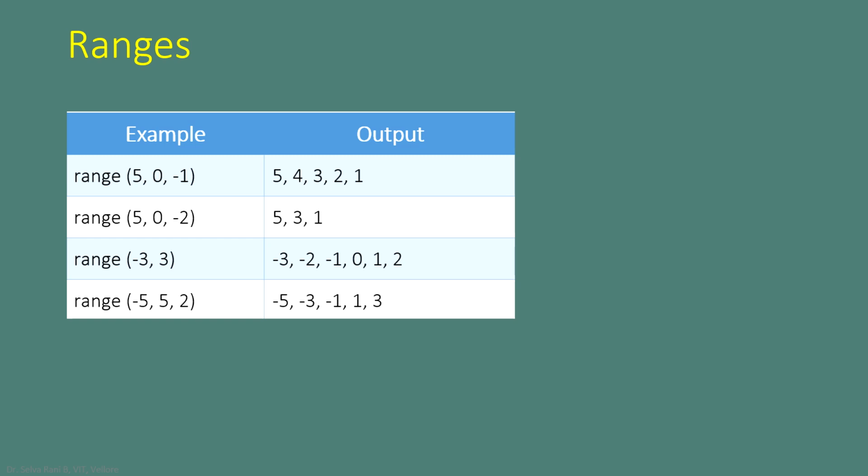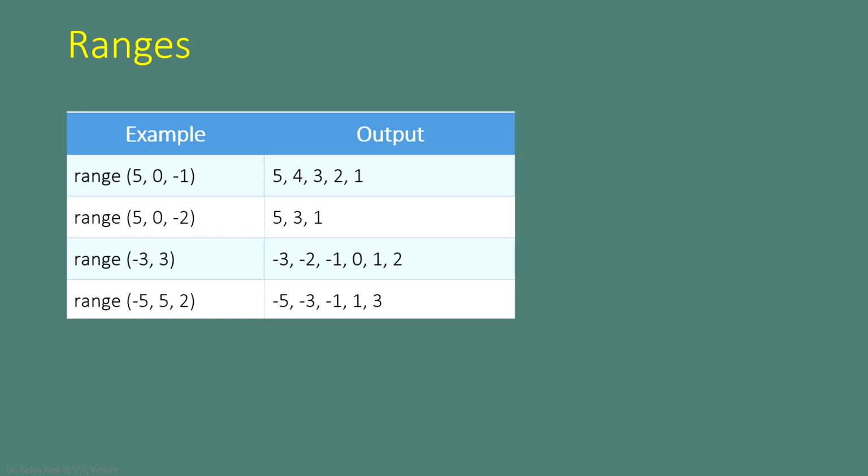Minus 1 plus 1, 0. And 0 plus 1, 1. 1 plus 1, 2. And 2 plus 1, 3. But the stopping number is given as 3. So the range method will generate till 3 minus 1, 2. So the sequence of integers generated here is minus 3, minus 2, minus 1, 0, 1, and 2.